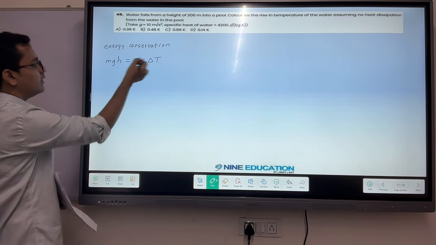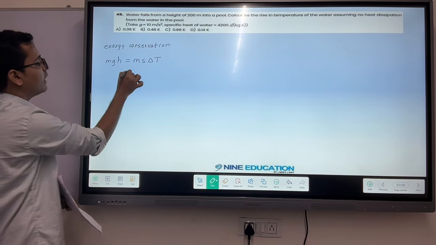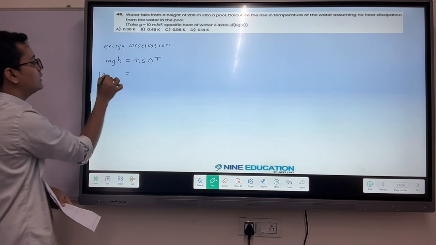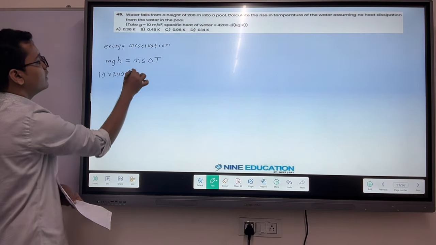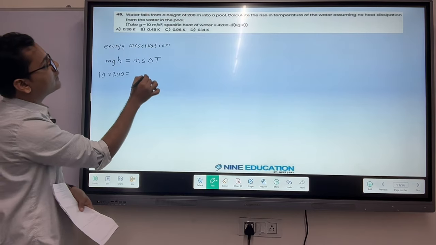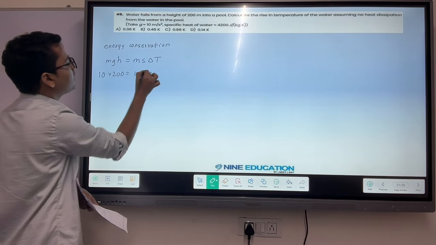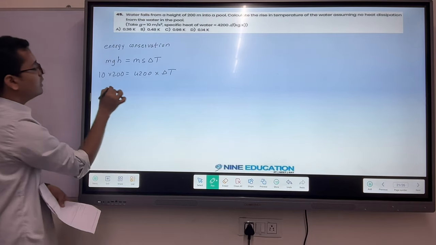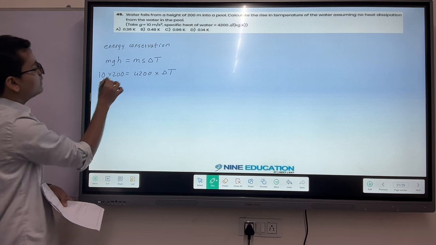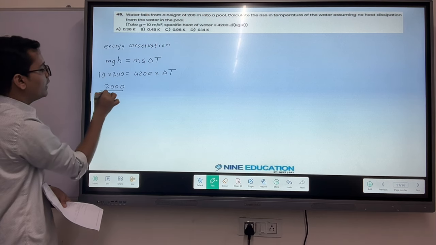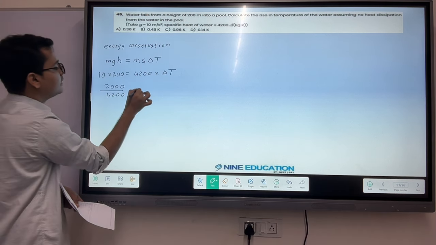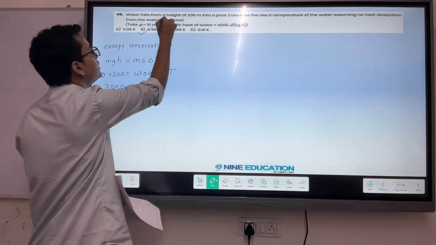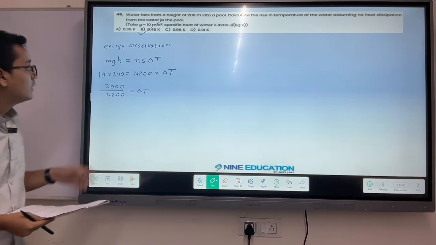So the entire potential energy is converted into heat energy. So m is cancelled, g is 10, height is 200. What is the specific heat? 4200, into delta T. That's all. So this is 2000 divided by 4200 is equal to delta T. Slightly less than 0.5, which means 0.48 Kelvin. Clear?